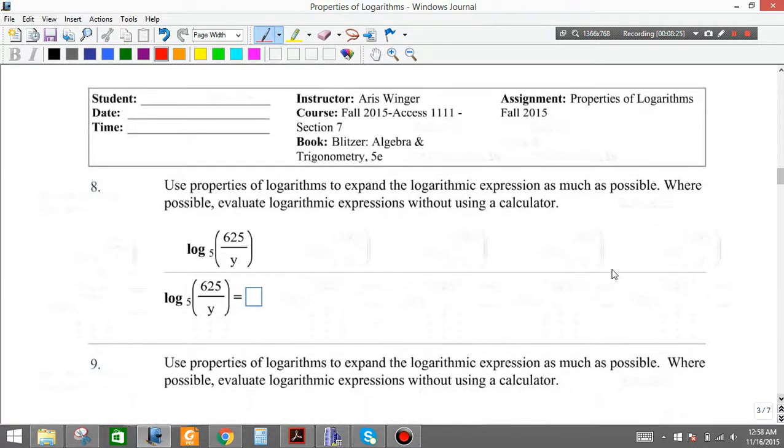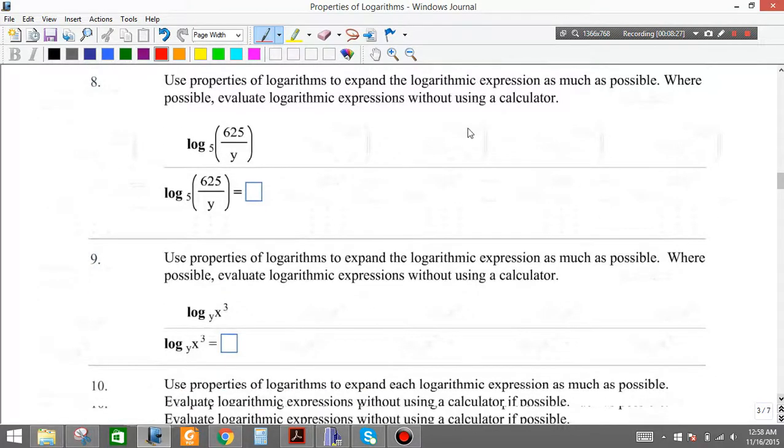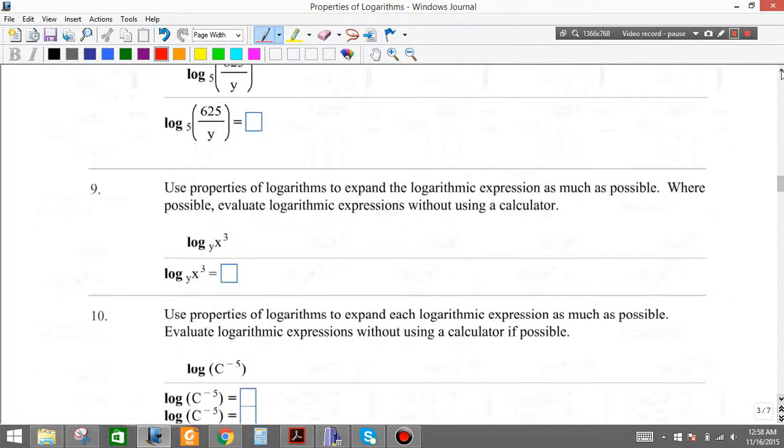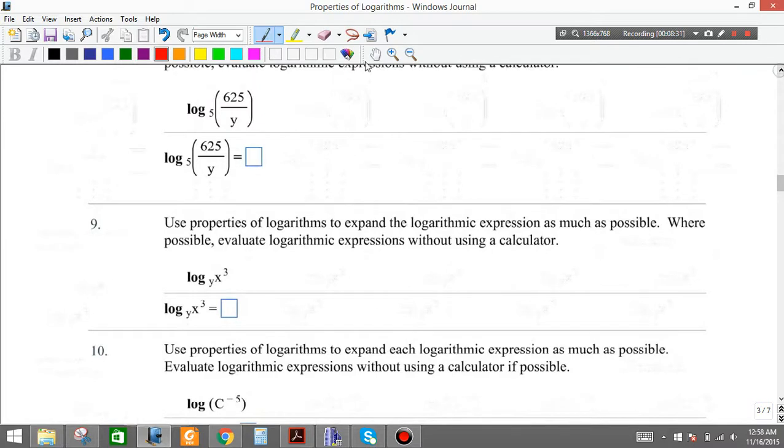Similar problem from number 8, again using the division rule. This is equal to log base 5 of 625. Again, division turns into subtraction. Log base 5 of 625 minus log base 5 of y.